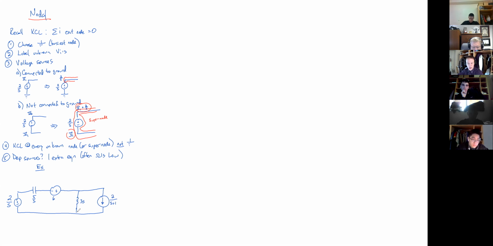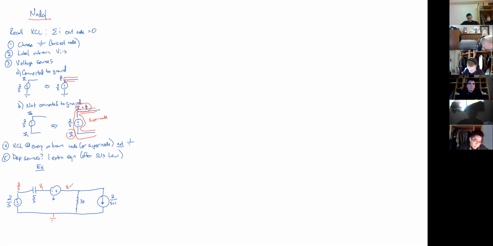And if we wanted to analyze this using nodal methods, we choose a ground at the busiest source, because this has 3 things coming into it, and we don't need to do an equation at that ground. This is a known voltage. This is an unknown voltage, but we're going to do a supernode here.